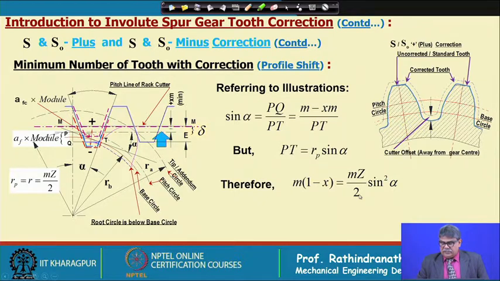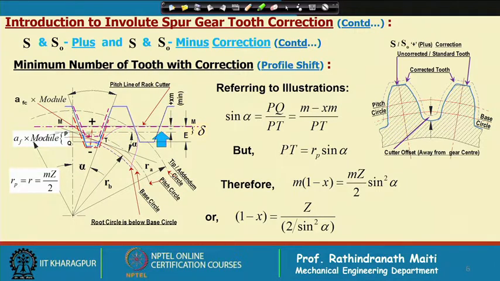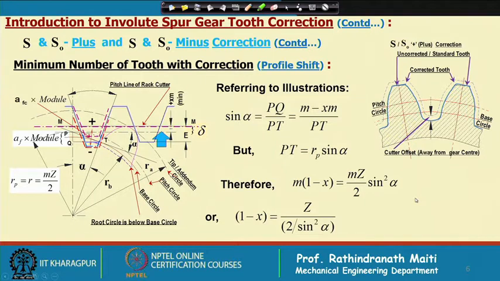PT we put here as Rp sin alpha, and this is another sin alpha coming for that. So, this will be m z by 2 sin square alpha. So, we can write 1 minus x is equal to, x is the factor for teeth correction or shift, number of teeth divided by 2 by sin square alpha.